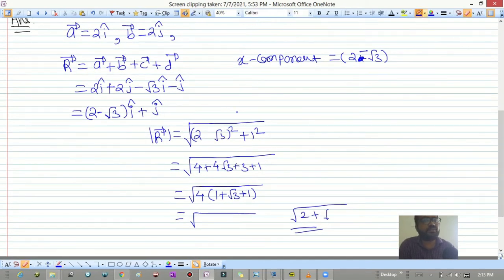This is minus root 3 we have, this is 2 squared minus 4 root 3 plus 3 plus 1.